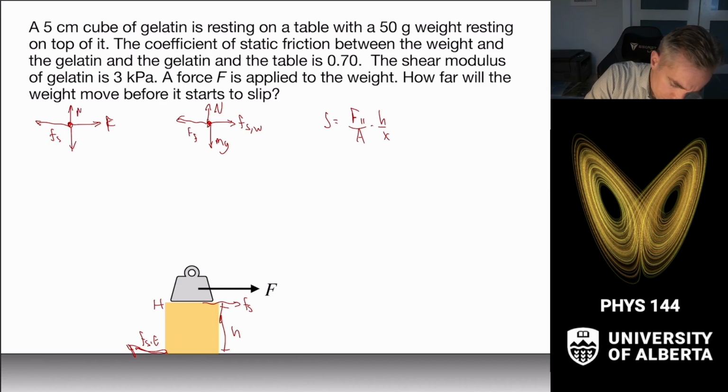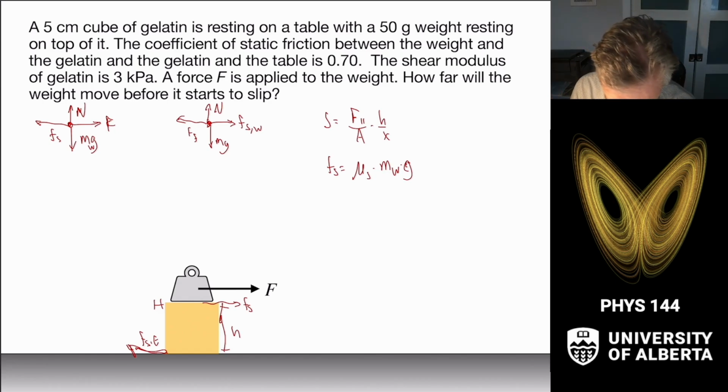There's a normal force from the gelatin, and then the weight of the gelatin pulling down, and the weight pulling down. So the maximum force before it starts to slip is going to have the form Fs equals the coefficient of static friction times the mass of the weight times g, following everything we did in the forces unit.